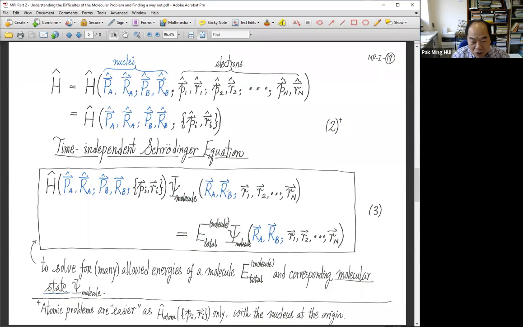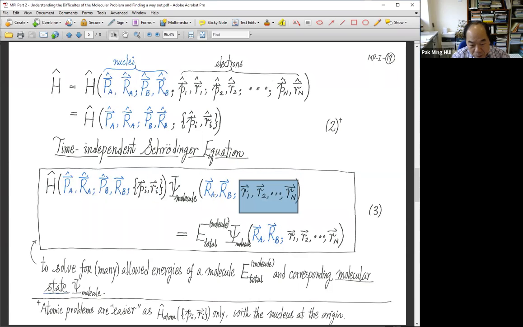Just like any Schrödinger problem, in the Schrödinger representation the Hamiltonian carries all these conjugate pairs, where the wave function will be a function of the coordinates. So the electrons will be r1 to rn.